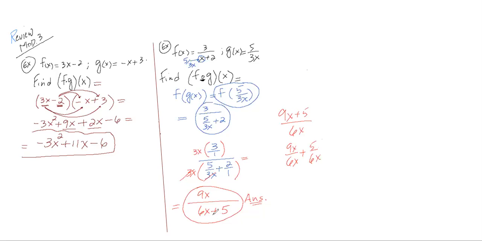So if you wrote that as 9x over 6x plus 9x over 5, that would be wrong. The only time you can split it is just one term in the bottom. Did I answer your question? Yes, thank you. Sorry, I was a little confused. That's okay. Always ask questions, folks. It doesn't bother me.